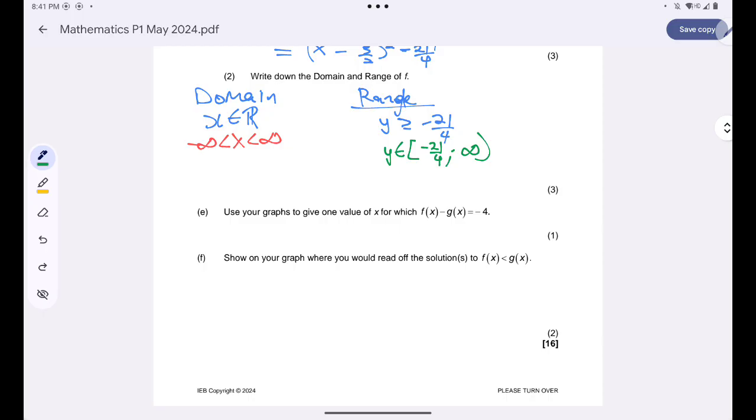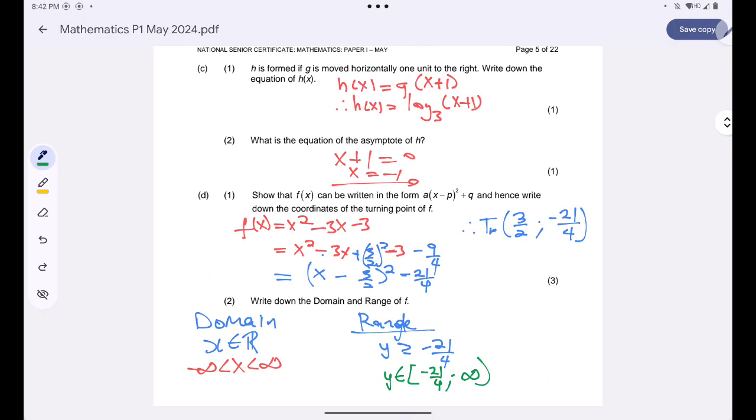So if I divide both sides by a negative, I will simply have g of x minus f of x will give me a positive 4. Are you together? So this thing simply means I want the values of x whereby when I say top graph minus bottom graph, I will have a positive 4. And that x value has to be always whereby g is above f.